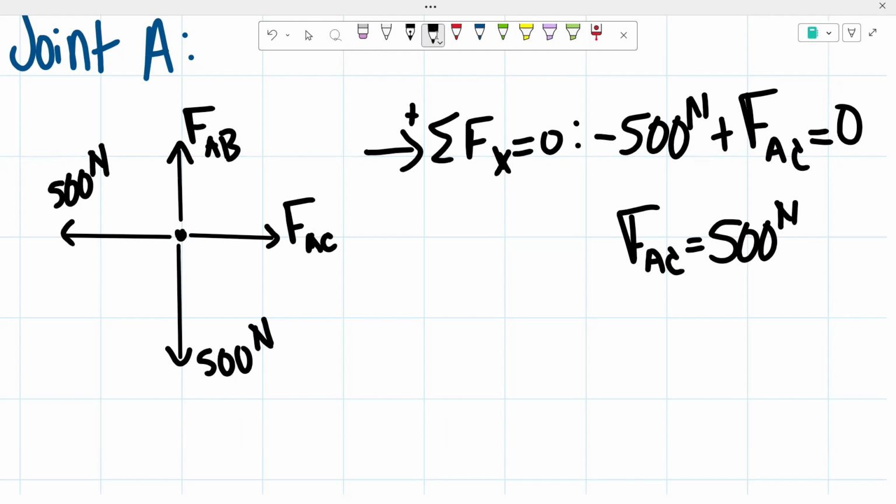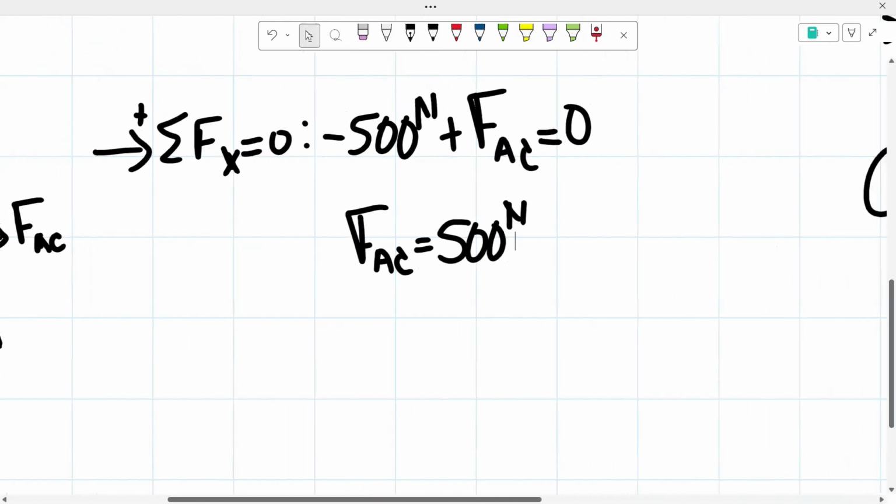Now remember what I said earlier. Usually when we find reactions, we end up changing the signs if we assumed incorrectly, right? But here, you don't want to do that. Because remember, the example is asking us to indicate whether the members are in tension or in compression. So here we got a positive number, meaning that it is going to be in tension.